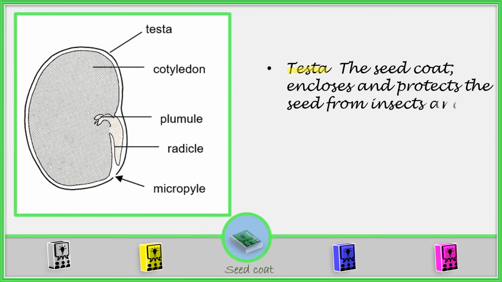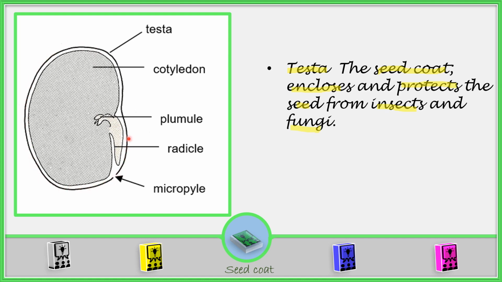The tester. The tester is the seed coat. It encloses and protects the seed from insects and fungi. So we have that part which we are calling the tester. It is this outer covering.